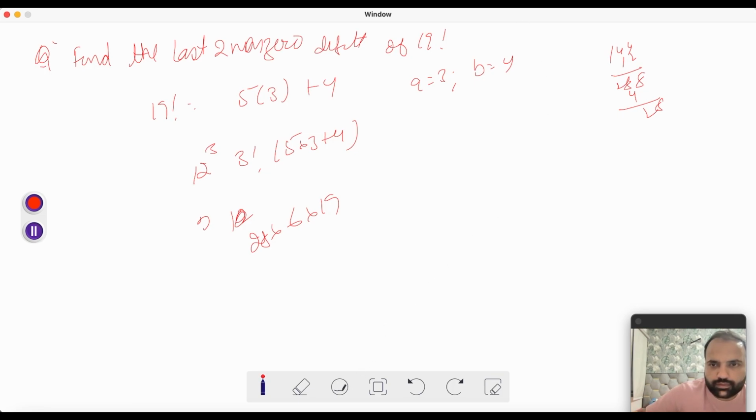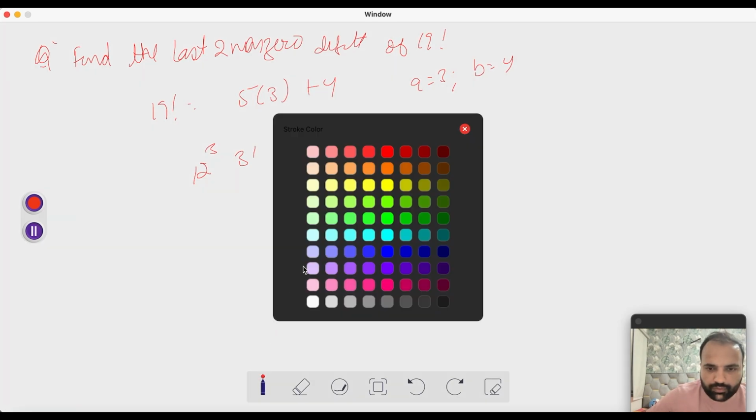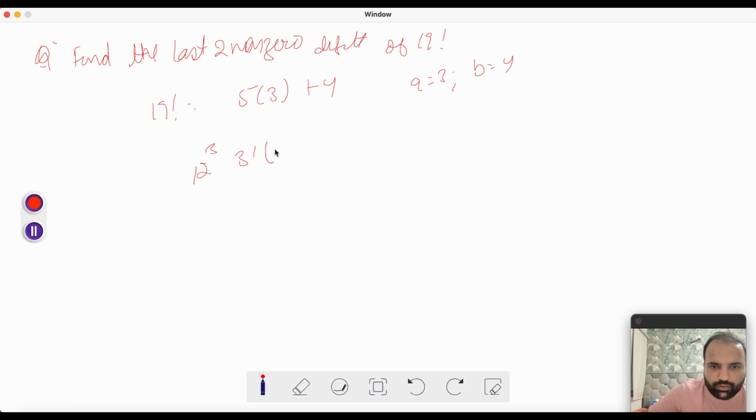Hang on. Okay, so it should be 3 factorial, and then 5a + b, that's what we need to do now. Before that, we have to do 5 × 3 + 1, 5 × 3 + 2, 5 × 3 + 3, and 5 × 3 + 4.